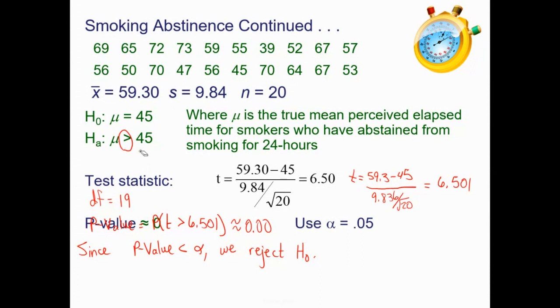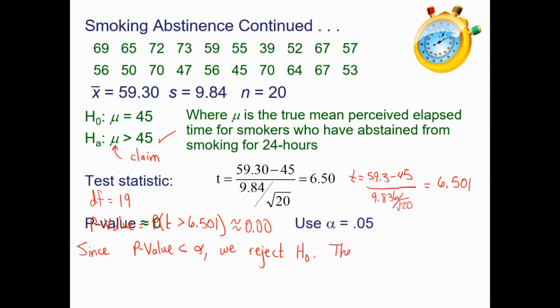Now, which one of these was our claim in the problem? Was H naught the claim, or was the alternative the claim? The alternative was our claim. So if we reject H naught, that means we're saying that's supported.